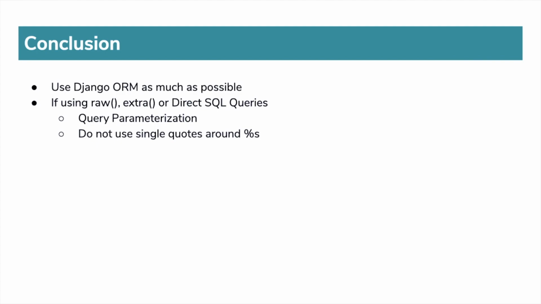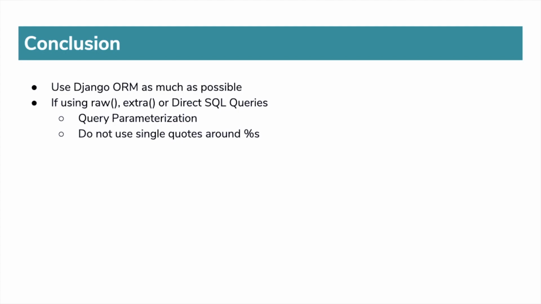Honestly, since the time I've started using Django, there has never been a scenario where I needed to use raw or extra for more complex operations. Django ORM took care of most of my queries with ease, not an issue at all. But there may be some scenarios where you might need to use raw, extra, or a direct SQL query.